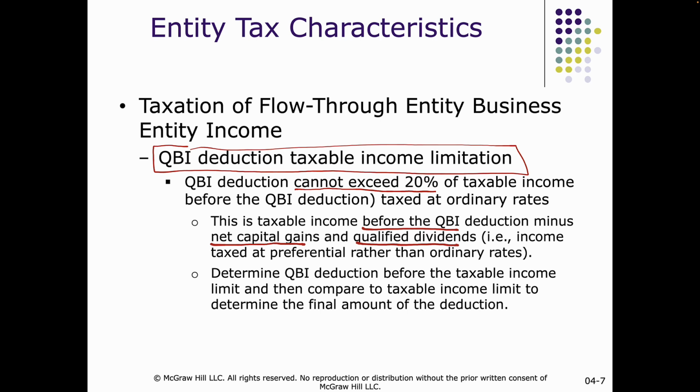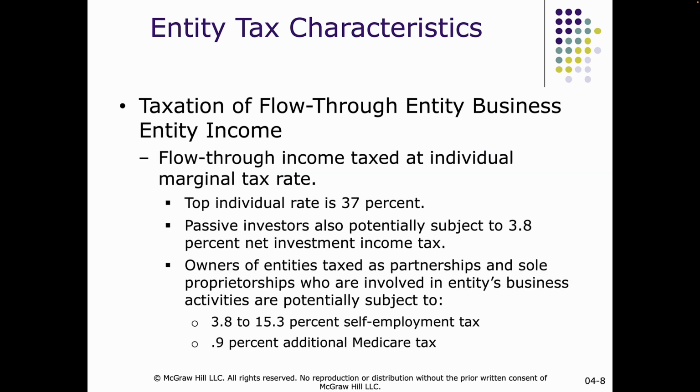Then you determine the qualified business income deduction before that taxable income limit, and compare it to that limit to get to the final amount of the deduction. So it's always a step-by-step process with taxes for business entities. But the good thing is you don't have to remember all of this. You just have to know enough to be dangerous.